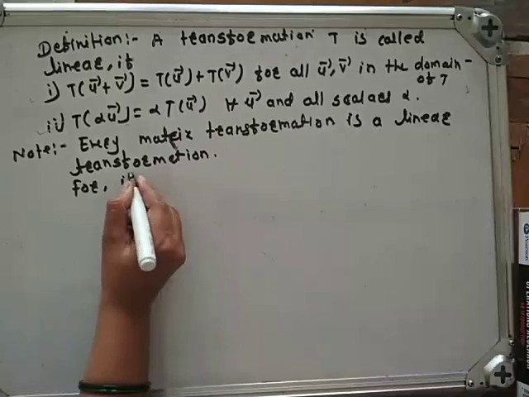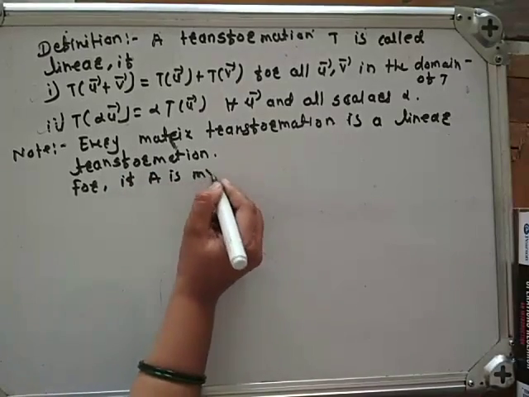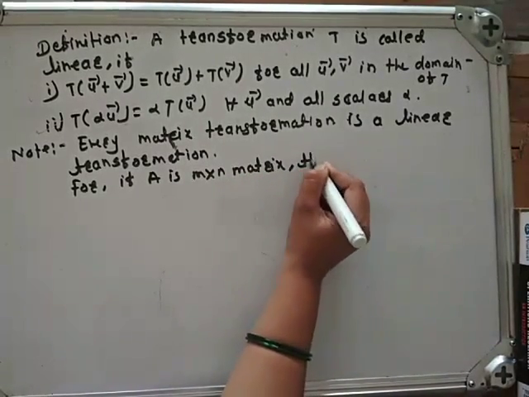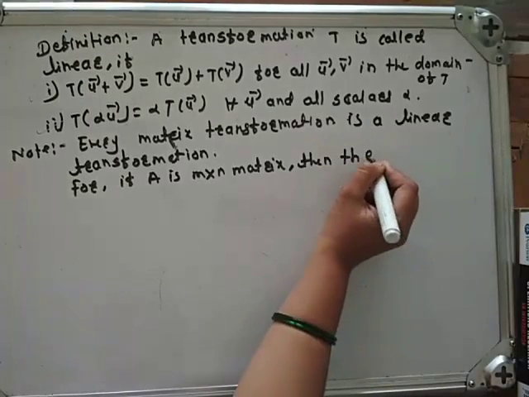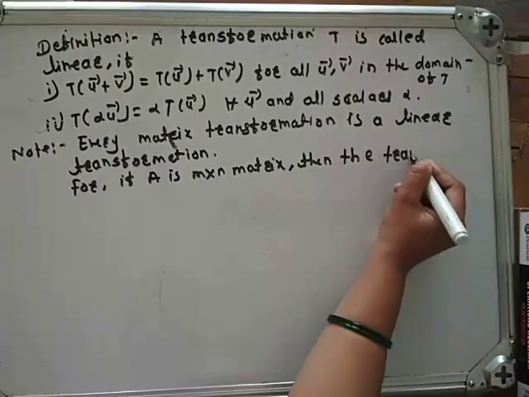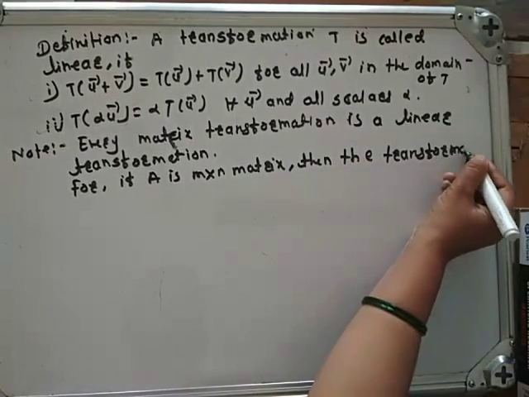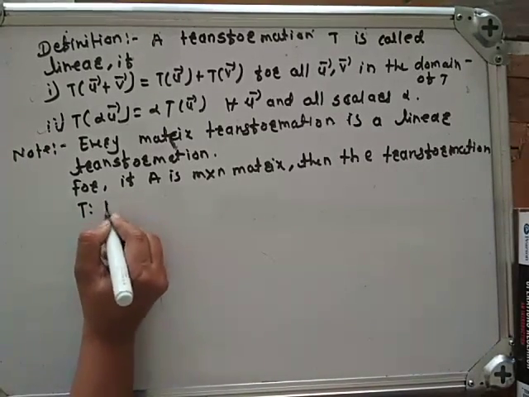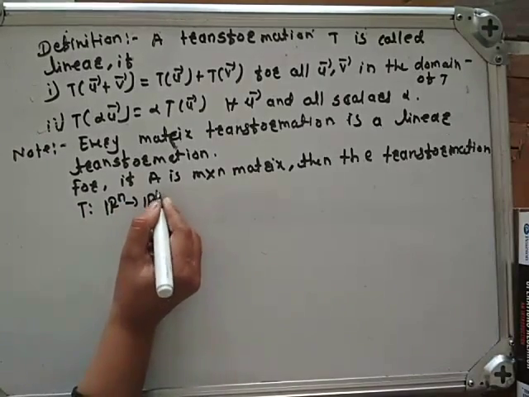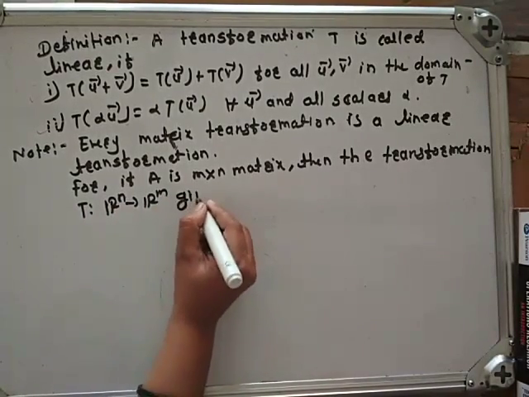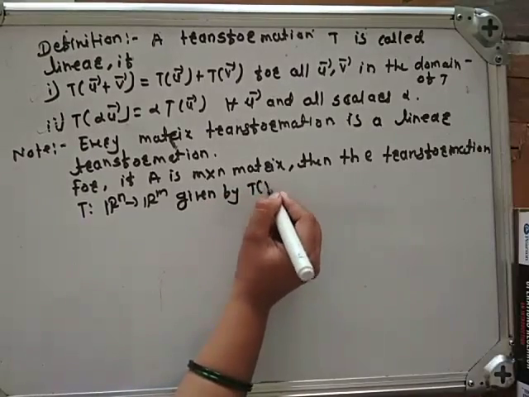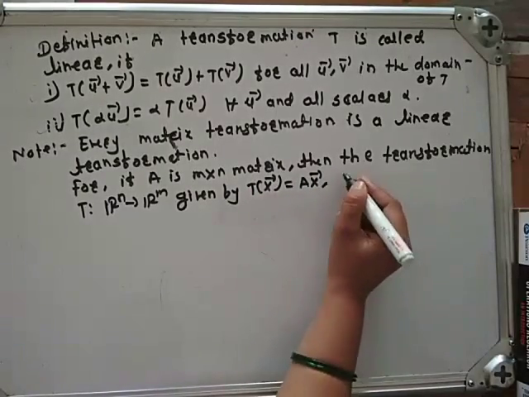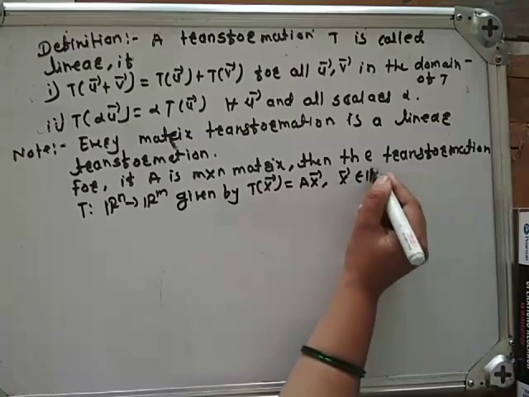For if A is m by n matrix, then the transformation T from Rn to Rm given by T of x bar is equal to A into x bar, x bar belongs to Rn.